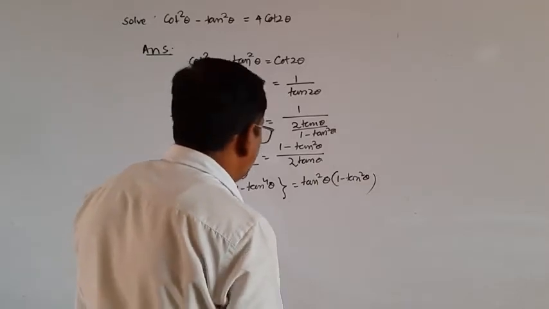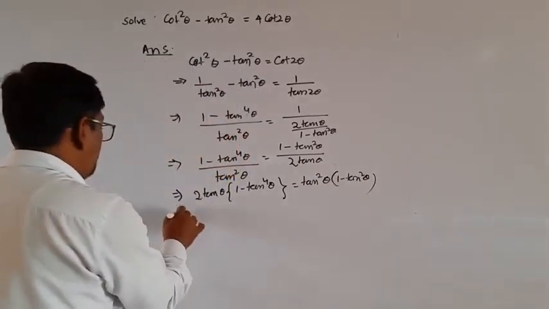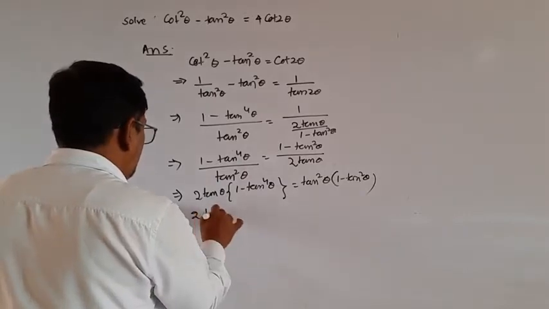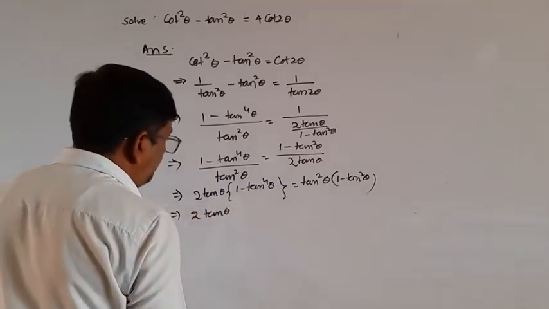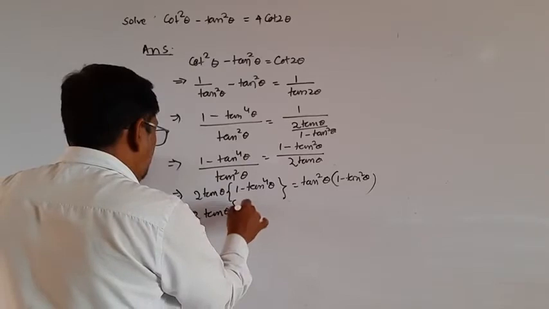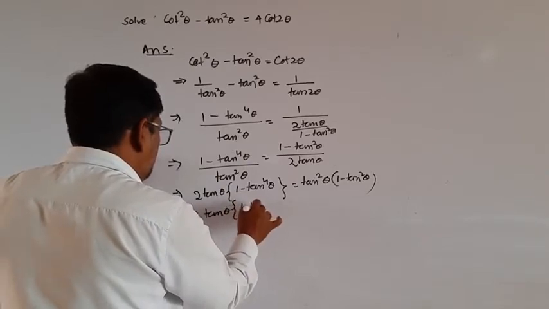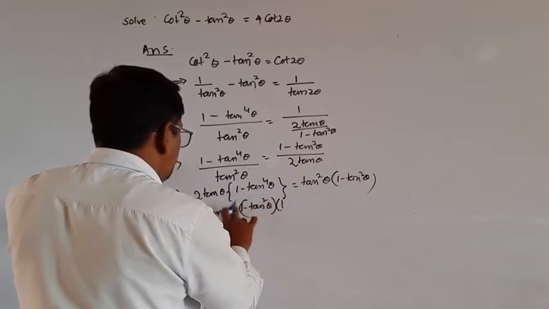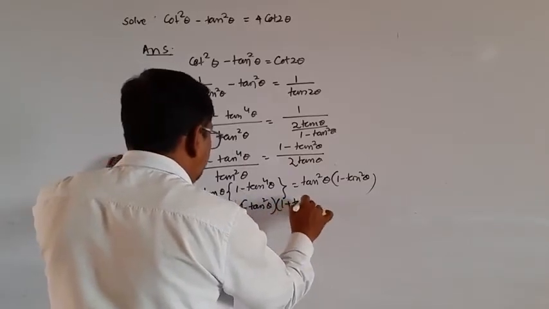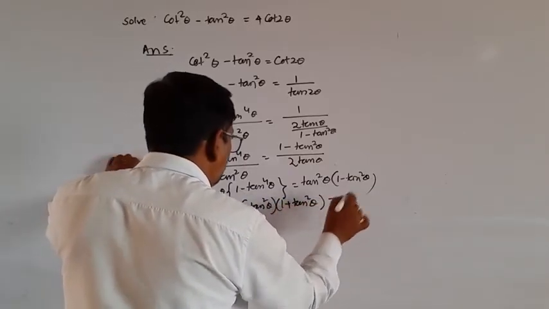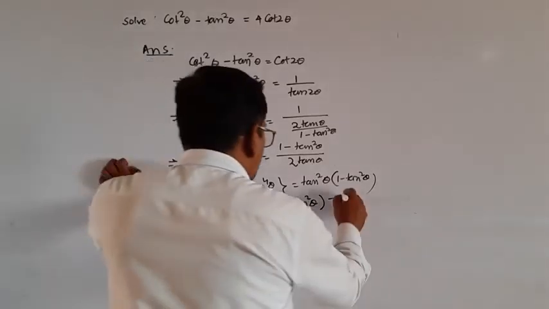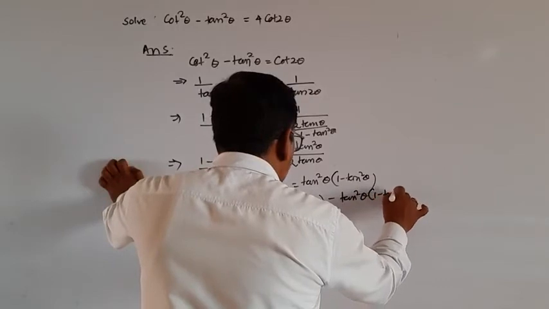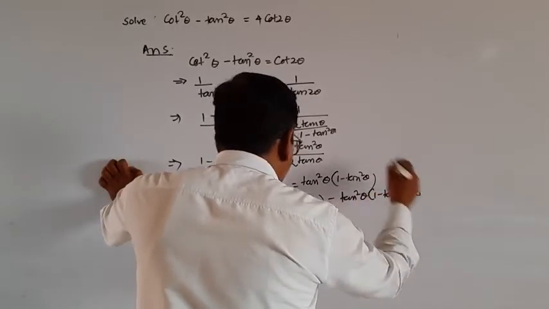So this is equal to 2 tan theta into (1 minus tan square theta) into (1 plus tan square theta) minus tan square theta into (1 minus tan square theta) is equal to 0.